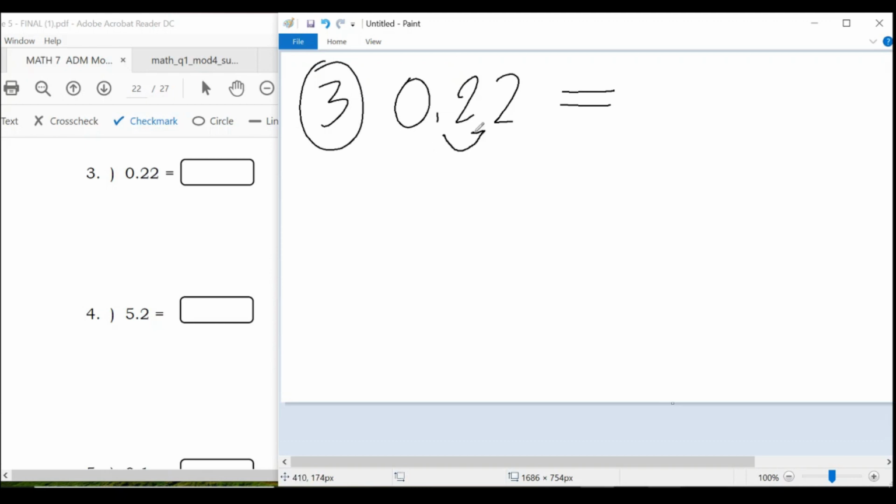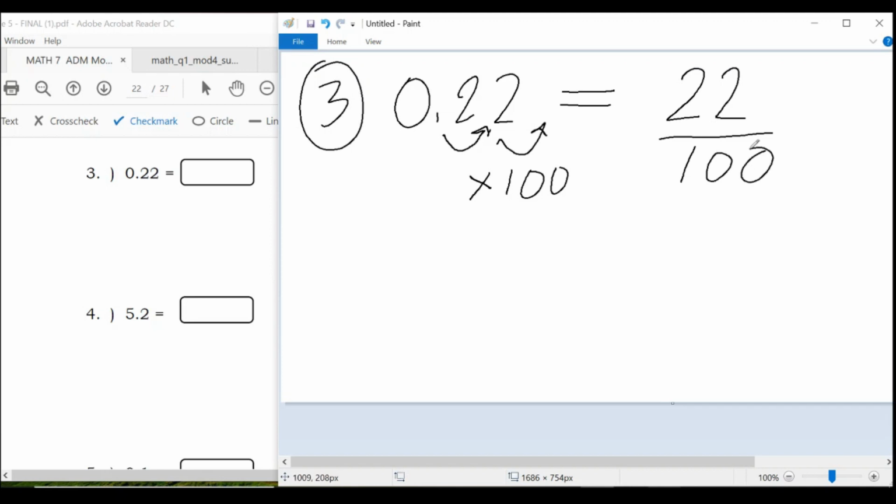We will move si decimal point na how many place values? 2 para magiging 22. Therefore, ang ginawa natin dyan ay times 100. So, ibig sabihin 2 place value ang movement ng ating decimal point to the right. So, para mabalik siya to 0.22 sa original value niya, so sa 22 na whole number, i-divide pala siya by 100.